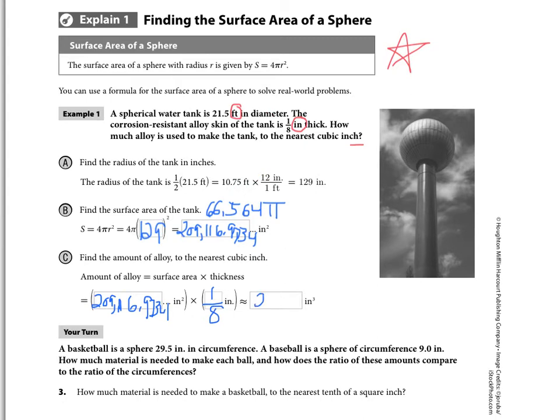We're going to have 26,139.62, and to round it to the nearest cubic inch, that's 26,140 inches cubed. Okay? Hopefully you can follow that process.